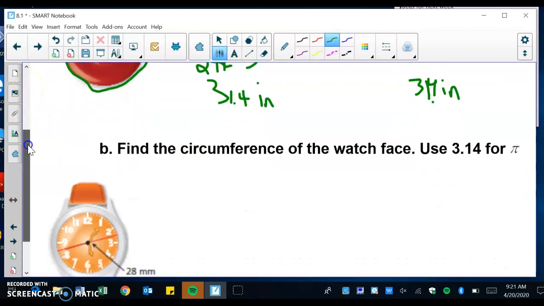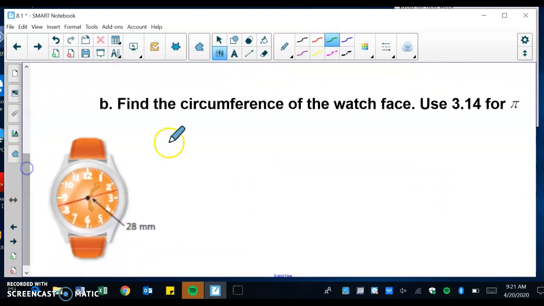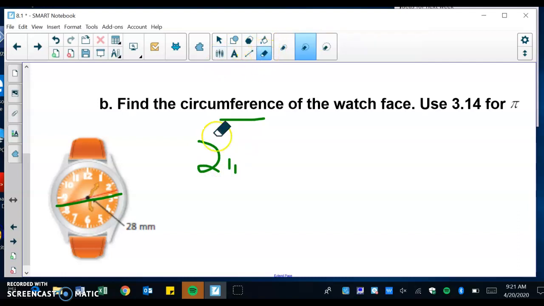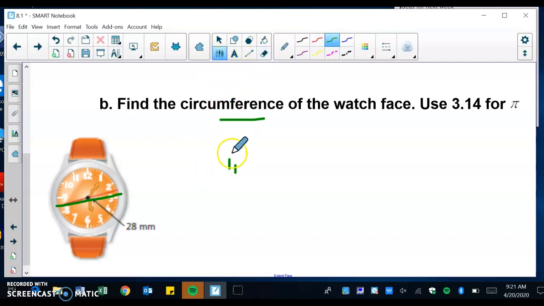Now find the distance around the circle, which is the circumference. Right now we are given diameter, so the best formula to use is pi times diameter for circumference.